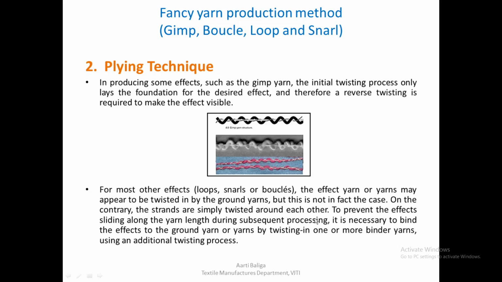And to keep those strands or the effect in its original position and avoid it sliding over the surface of the yarn, we need one more twisting process with the binder yarn, and therefore it is necessary to bind the effects to the ground yarn or yarns by twisting in one or more binder yarns, so as to prevent the effects from sliding along the yarn length during the subsequent processing.